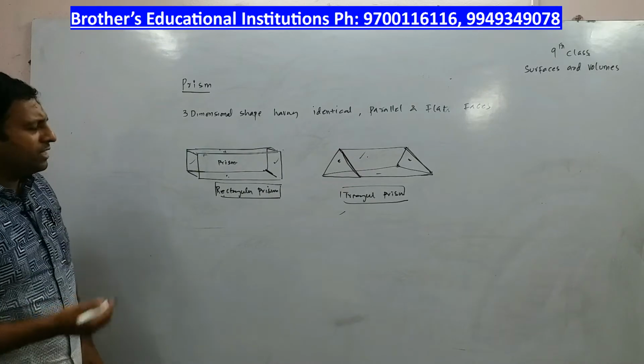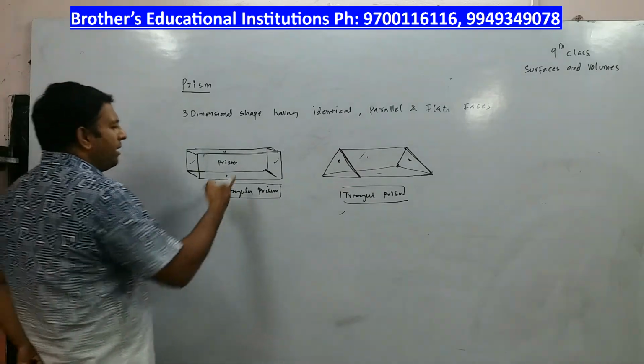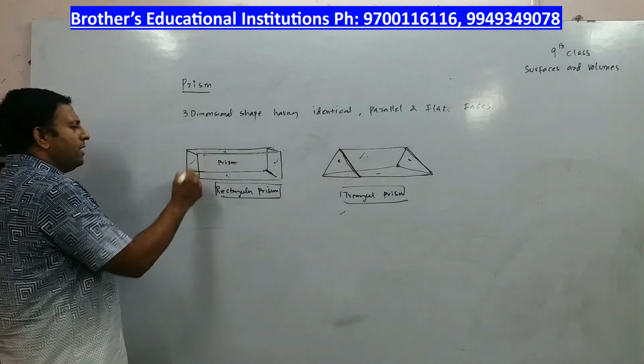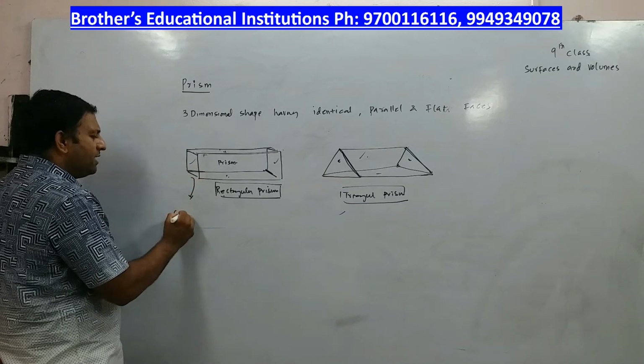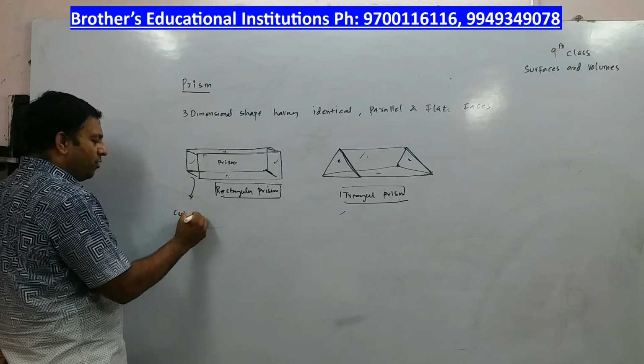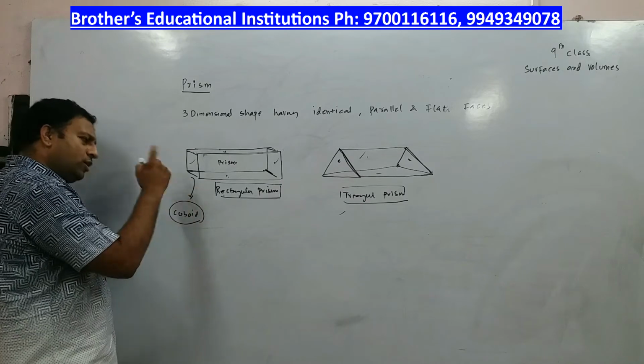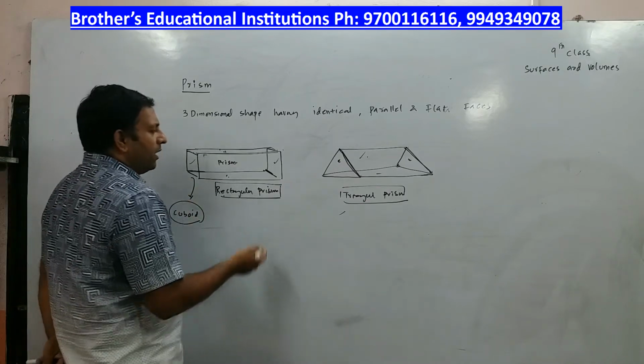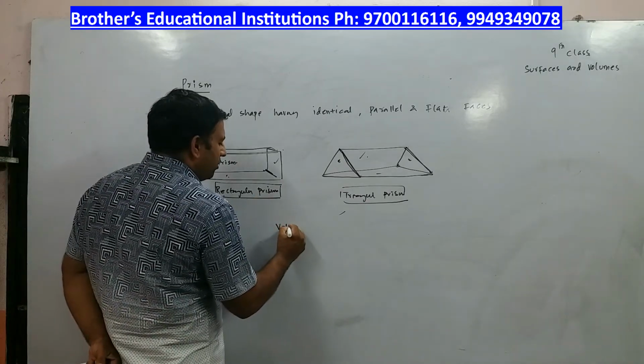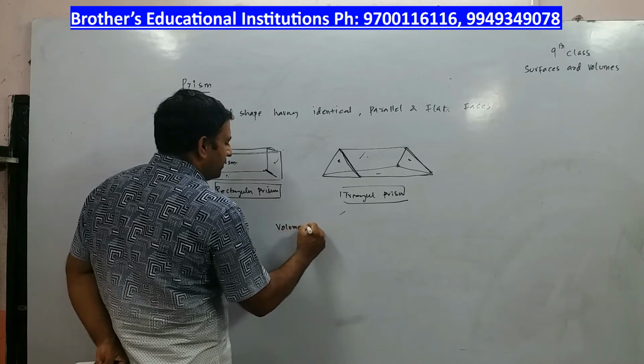Now I am interested to find the volume, and you know children, this prism is otherwise also called one more object, cuboid. You have already dealt with it. Now let us deal with the volume of prism.